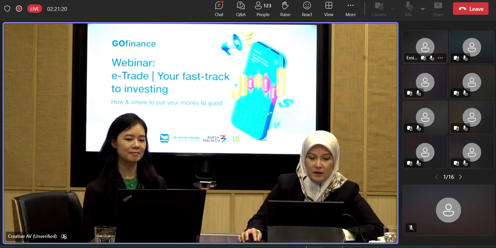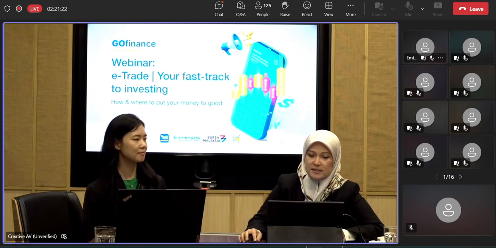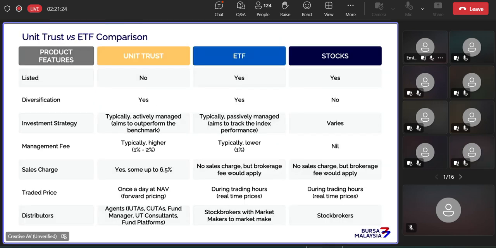Okay, and management fee, basically unit trust is typically higher. The reason being, because of the active strategy, they really need to manage the fund, whereas ETF is slightly lower. It's normally below 1%, because it is meant to track the index.